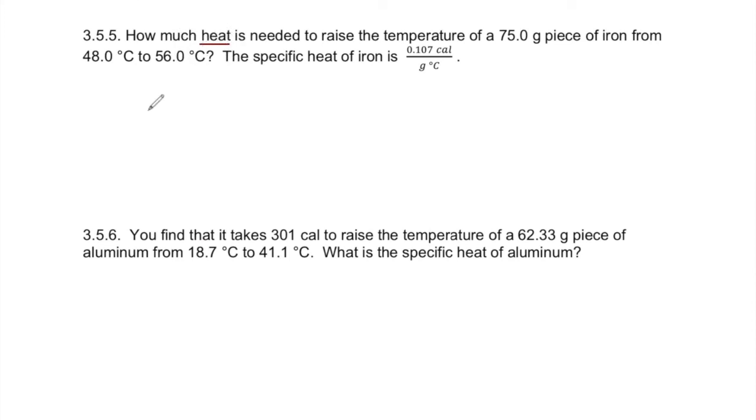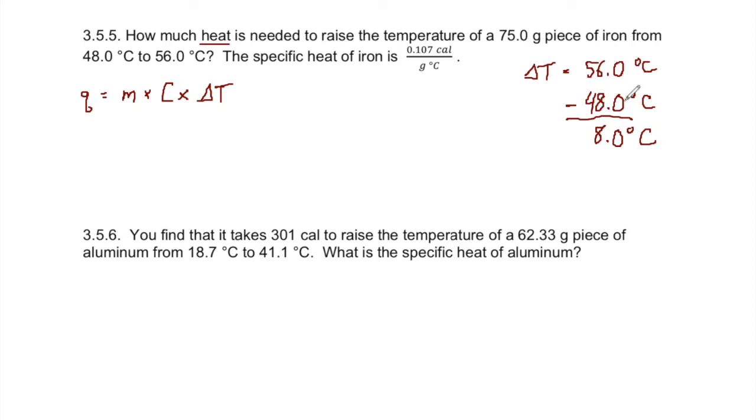Here is another problem where we need to find the heat by multiplying the mass times the specific heat times the change in temperature. When we calculate the change in temperature by subtracting the initial minus the final, we come out with a temperature change that only has 2 significant digits, even though the temperature readings each had 3, because they only go 1 past the decimal.